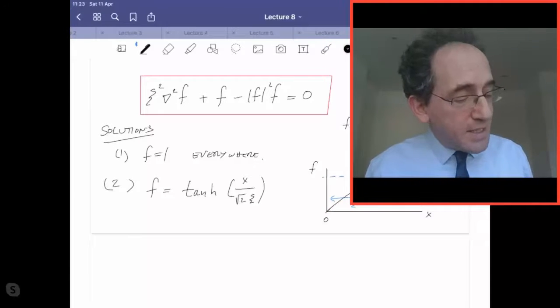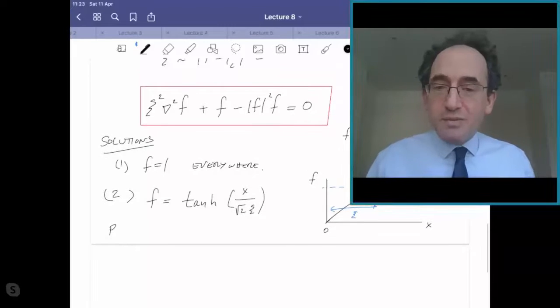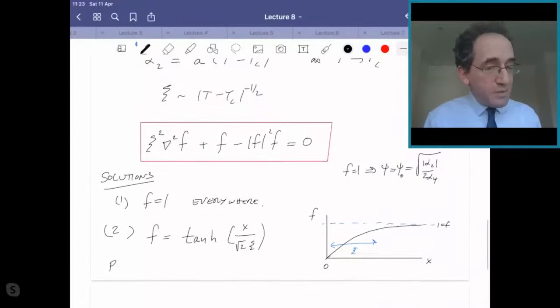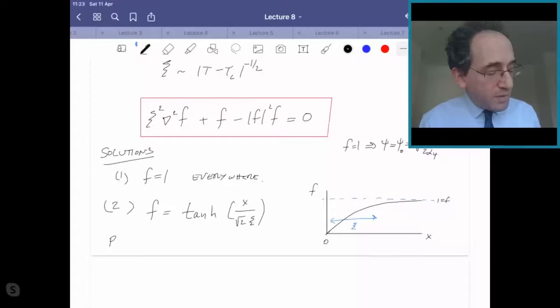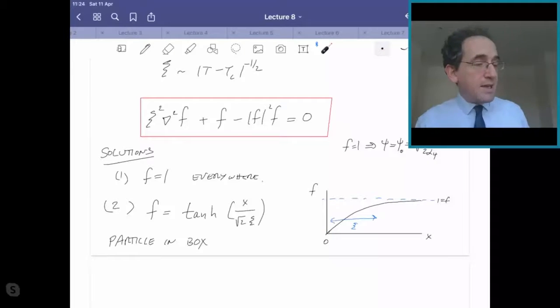And this is basically a particle in a box boundary condition. Oops, can't see this, can you? Again, move myself out of the way. There. Sorry about that. So what we have is particle in a box boundary conditions where the order parameter goes to 0 at the boundary of the box. So we have a nice tangent here converging to the uniform solution in the bulk and going to 0 at the boundary.